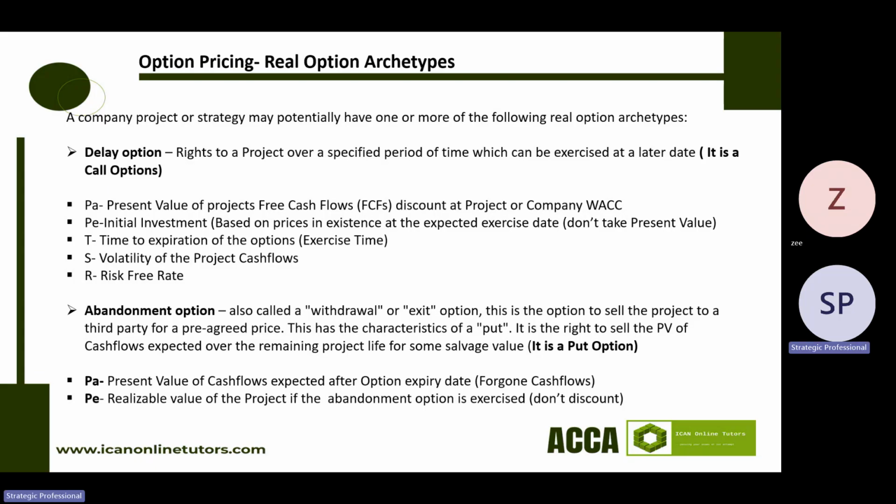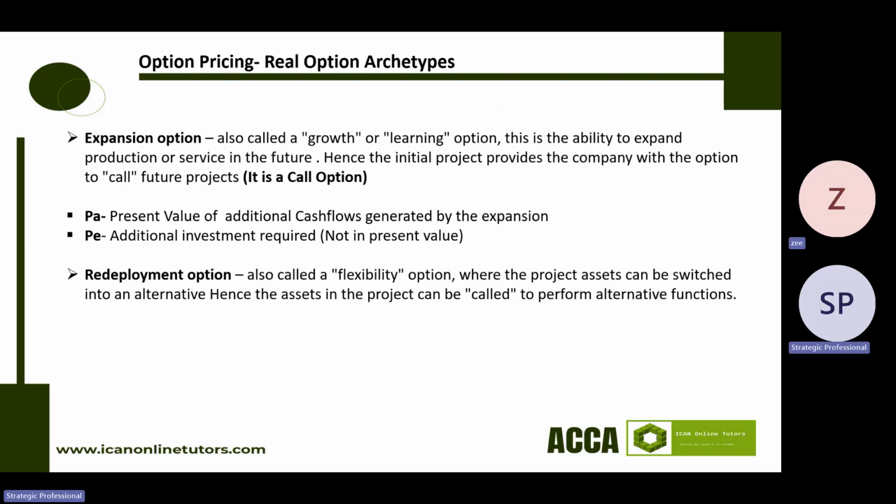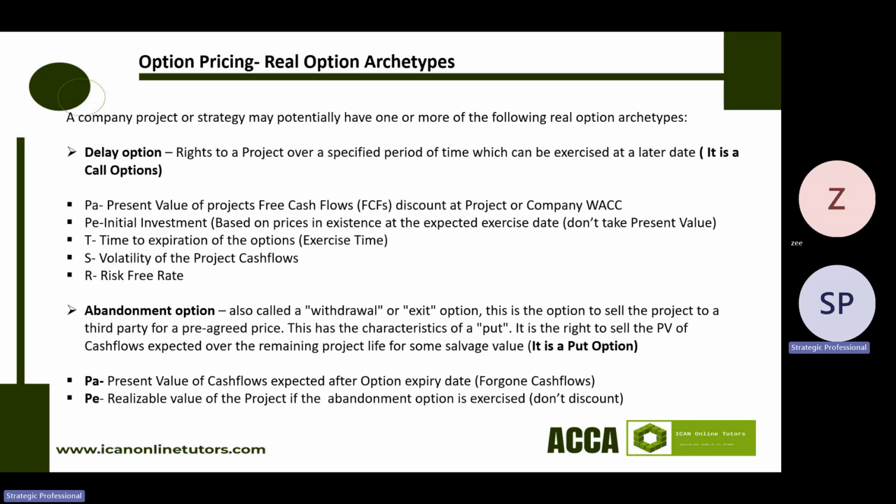The second way is when there's an abandonment option. The third way is when there's an expansion option. And the fourth way is when there's a redeployment option. There are four, right? I'm going to be showing you how we do that when we solve a question. So don't stress your head too much. Just flow.